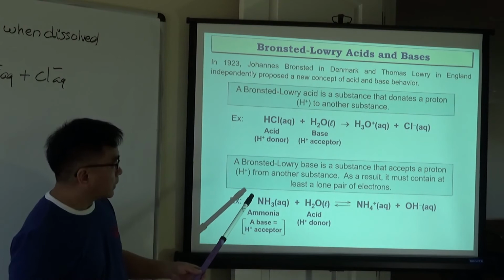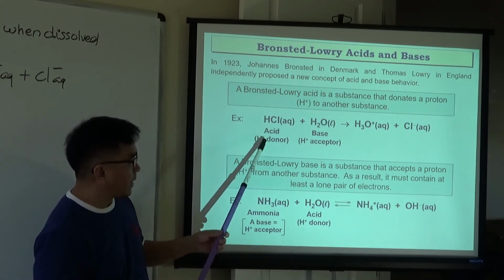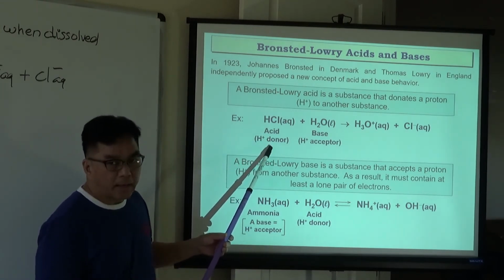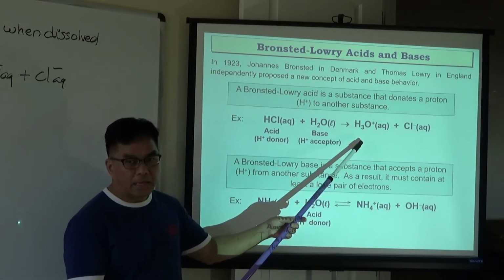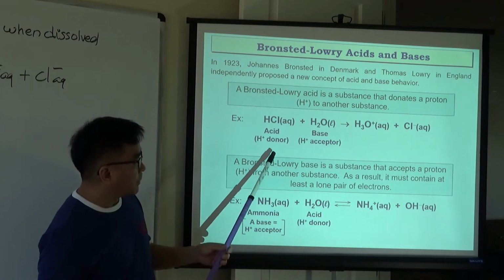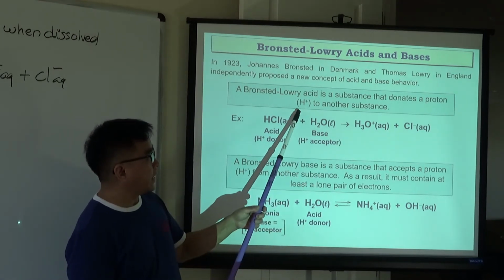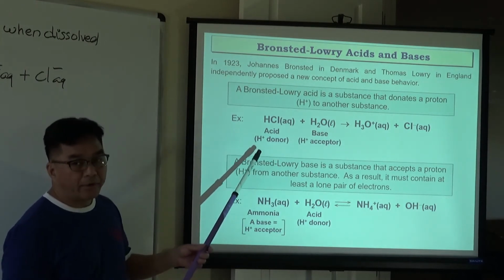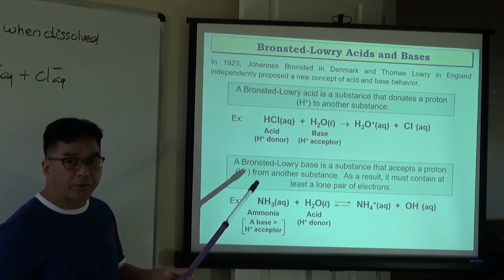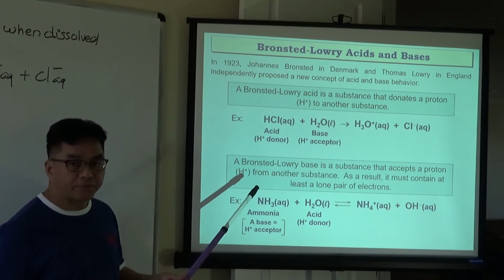So here you have hydrochloric acid, which is an Arrhenius acid because it produces hydrogen ions when it dissolves in aqueous solution, and because it produces hydrogen ions, it is also a proton donor. So all Arrhenius acids are Brønsted-Lowry acids by definition and vice versa.